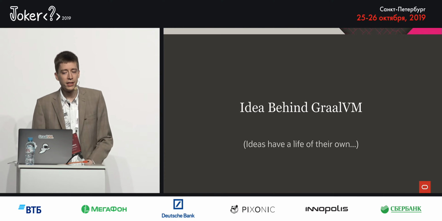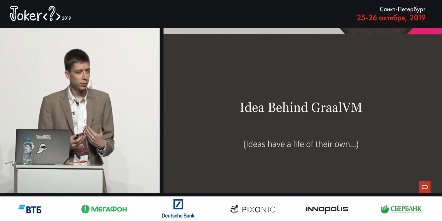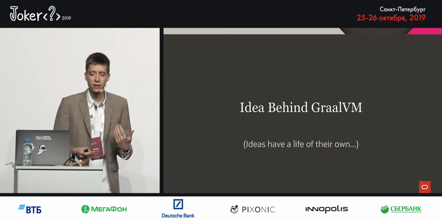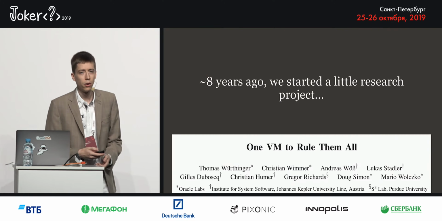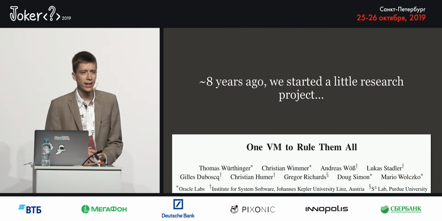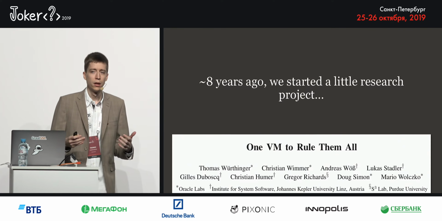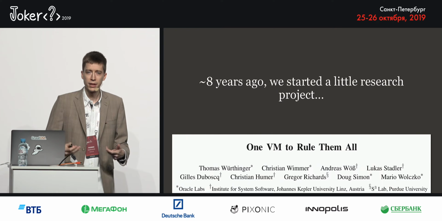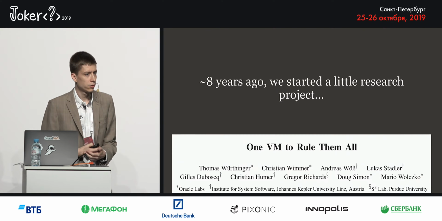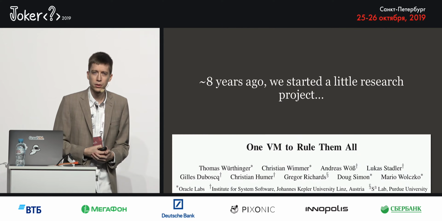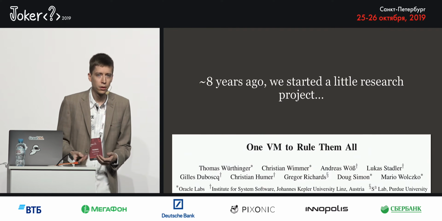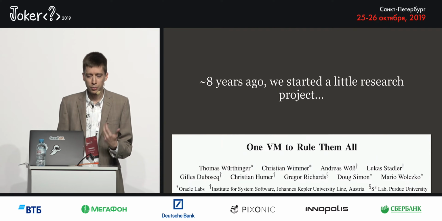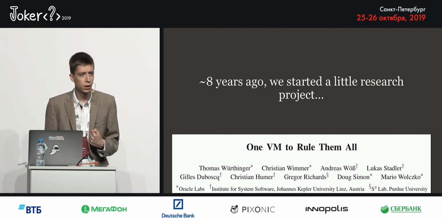All right, so what was the idea behind GraalVM? We started this as a small, really very academic research project about 8 years ago, where the idea was: let's build one virtual machine that can run many languages. And not just Java-based languages like Scala, Kotlin, etc., but also dynamic languages like JavaScript, Python, Ruby, etc. This is really our ambition with the GraalVM project.